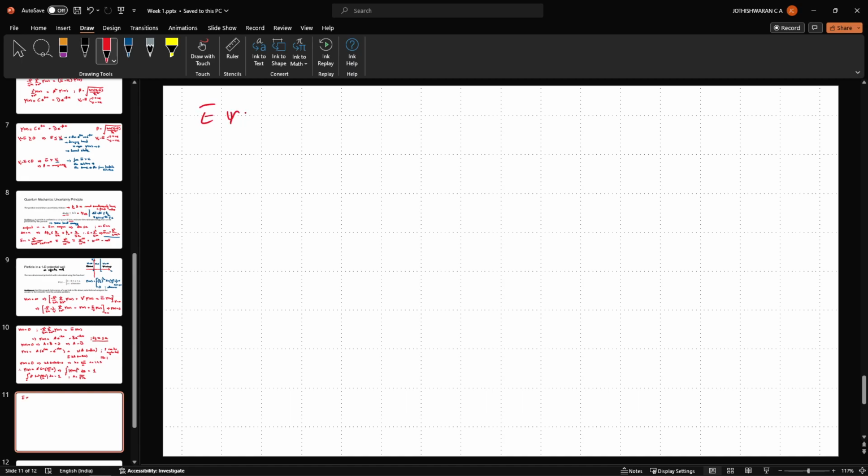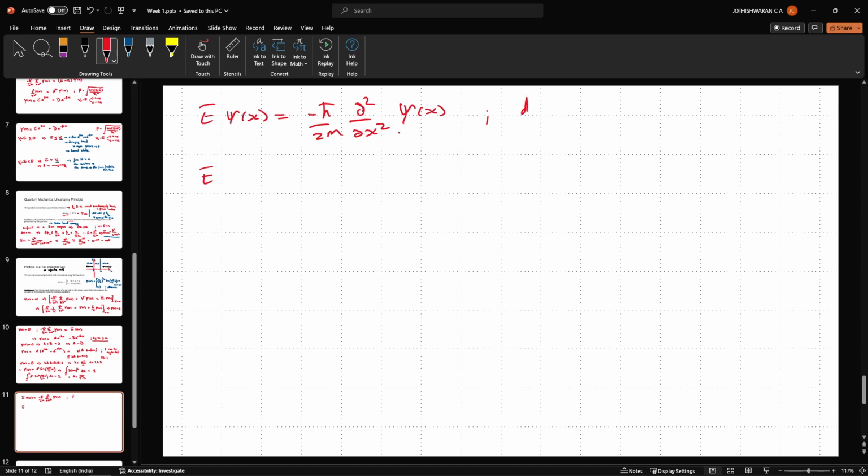E psi of x is equal to minus h bar squared upon 2m dou squared upon dou x squared psi of x. Now from this we can see that any constant that is multiplying the wave function does not matter. So the square root of 2 by a factor will vanish from both sides. This implies E times, and the second derivative of sine kx will be, so I will just directly write that here.